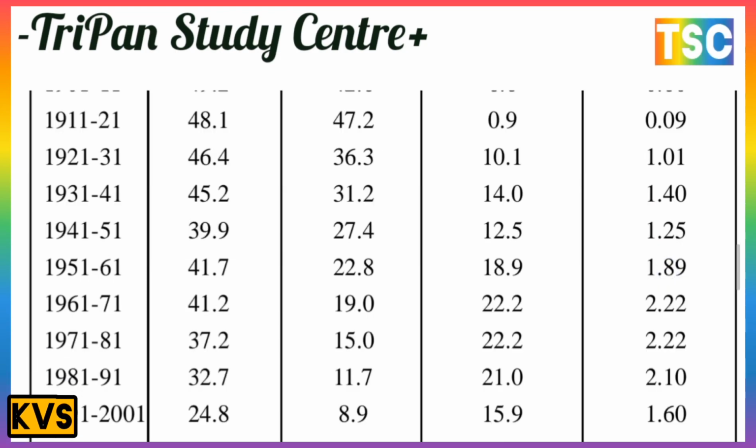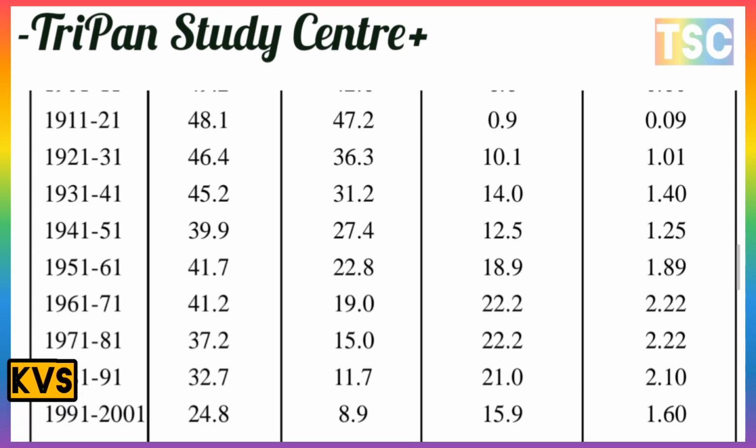The birth rate and death rate are increasing from time to time. Maximum growth is noted here, 48.1 for the birth rate, and the death rate is also increasing, 47.2.